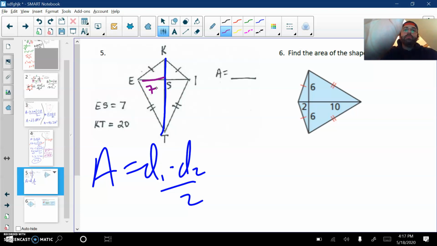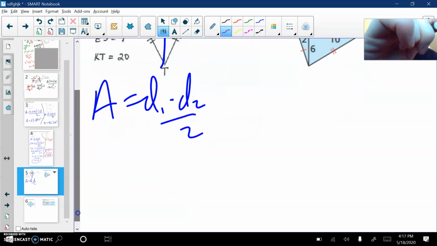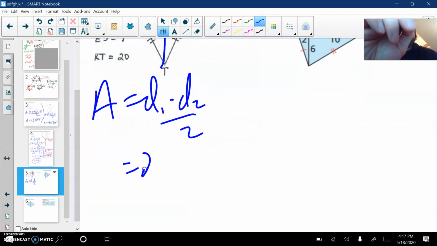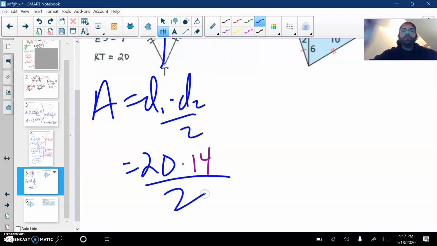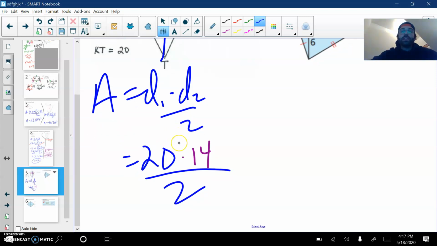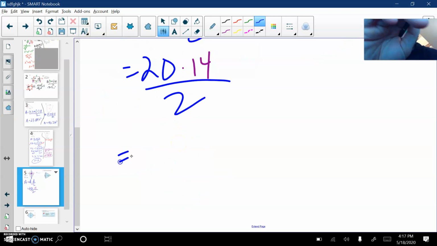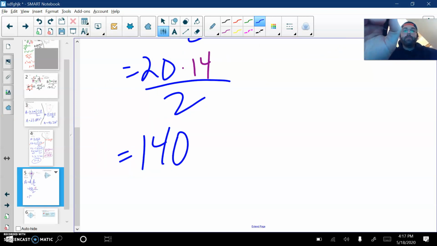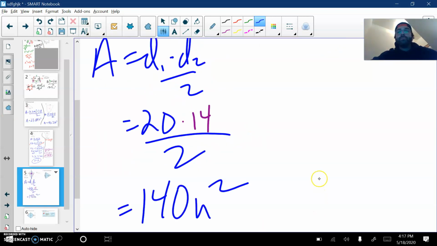In a kite, these are perpendicular bisectors, so this is also 7, and these are right angles. So diagonal 1 is 20. Diagonal 2 isn't 7, but it's 14. And I'm dividing all that by 2. 20 times 14 is 280, divided by 2 is 140 units squared.